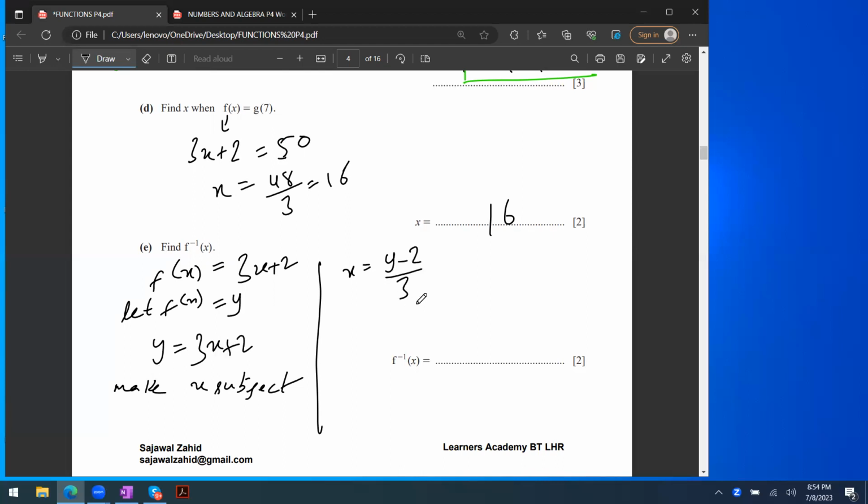You can rearrange the formula and then write it in function form. Write in f inverse function. Because the variables are now interchanged, this is f inverse. F inverse of x is equal to x minus 2 over 3. All right, I hope no issue here. Can we move on? Yes, sir.